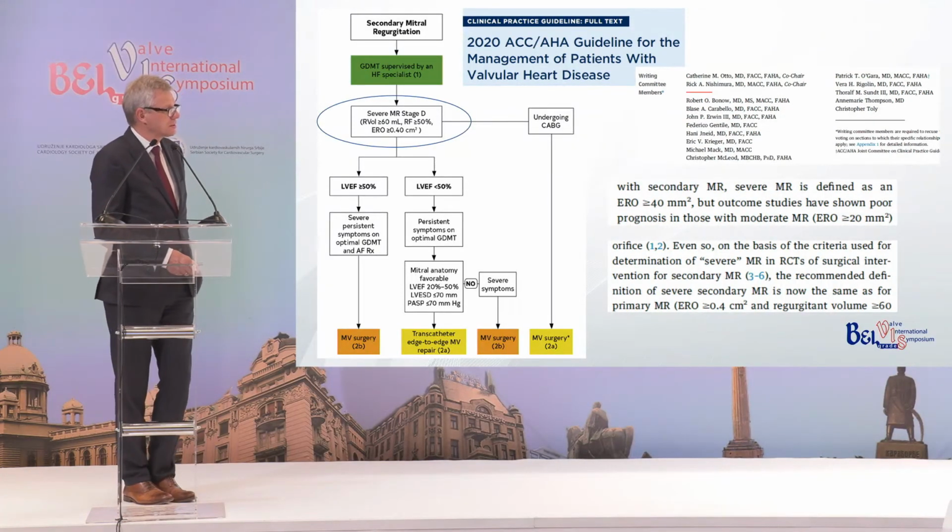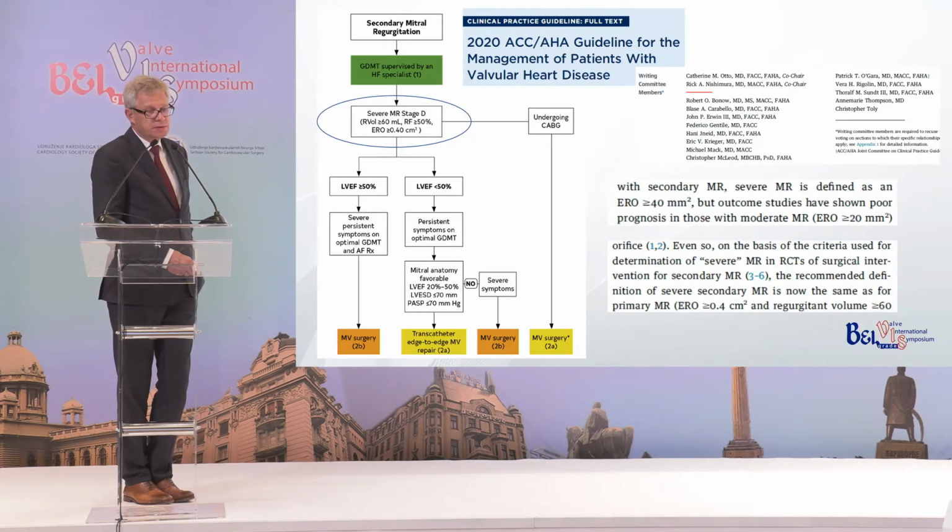And now with these guidelines, we are moving to operating only with a regurgitant volume of more than 60 and an ERO of more than 0.4, even though the guidelines admit that this is not in line with what predicts survival, but is more to make surgeons not intervene too acutely on the mitral valve.